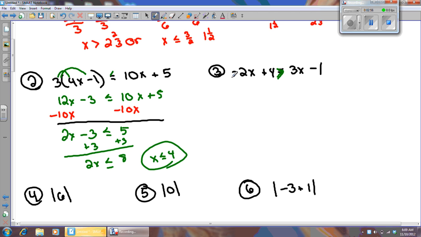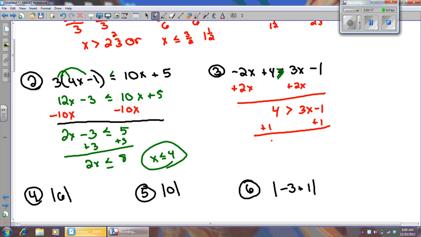All right, over here on this one, I'm going to get rid of my smaller variable first, yielding 4 is greater than 3x minus 1. I'm going to add 1 to each side. 5 is greater than 3x.